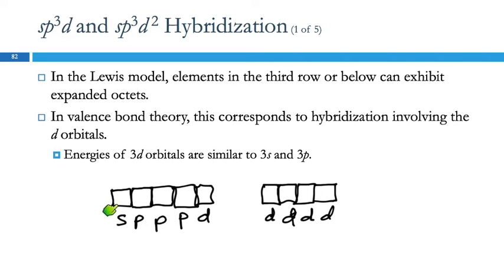So now I've got a bed from the S room, 3 beds from the P room, and a bed from the D room. So instead of calling that SPPPD, we're going to call that sp3d. So that's if you have 5 things. What if you need 6? You take another D. And so then this becomes sp3d2. Okay?